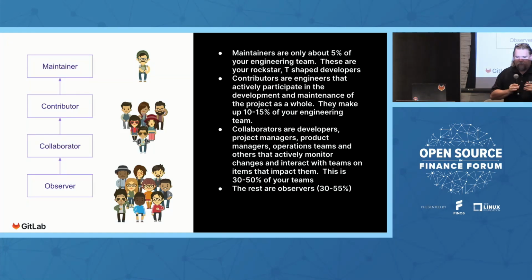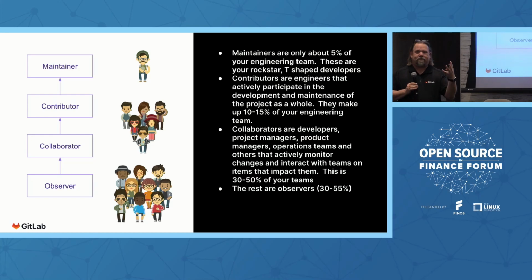Inside of open source teams, the way it normally works is you've got 4 different roles that you'll play inside of an open source team. You'll either be a maintainer, a contributor, a collaborator, or an observer. Now, GitHub released, at GitHub Universe, the state of the universe, and they talked about the 90 million users.